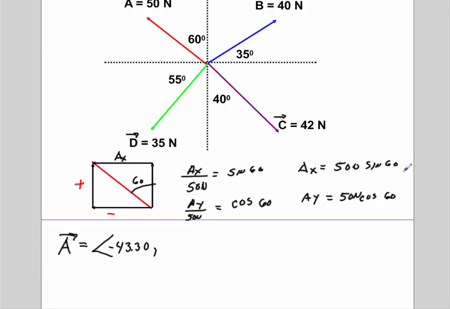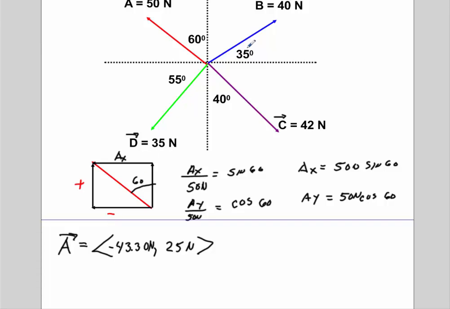So 50 times the cosine of 60, that gives me 25 newtons. I should have put newtons in here too. So that is A written in component form.